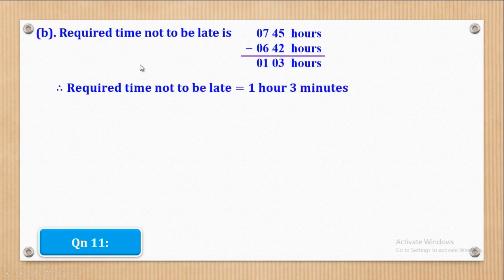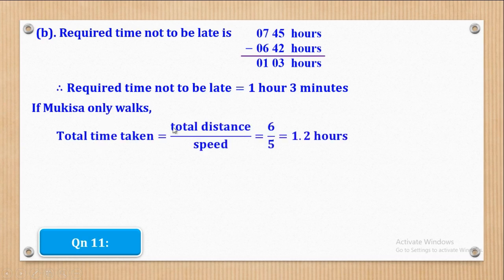What does that mean? It means that the time required not to be late will be 1 hour and 3 minutes. Therefore, if Mukisa only walks, it means that the total time taken will be equal to total distance over speed. Remember, the total distance was 6 kilometers, and this speed for walking was 5 kilometers per hour.